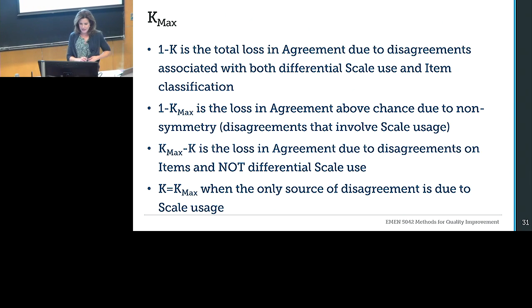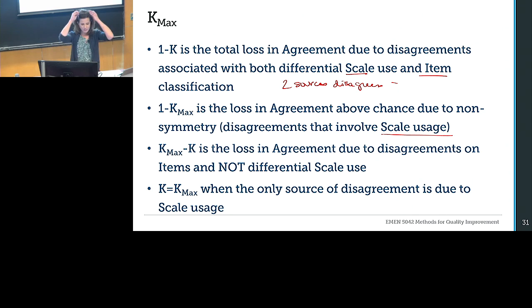Okay, so 1 minus Kappa is your loss in agreement due to disagreements associated with differential scale and item classification. So it has those two sources of disagreement here. 1 minus Kappa max is a loss of agreement above chance due to non-symmetry, and that's just your things that involve scale usage.